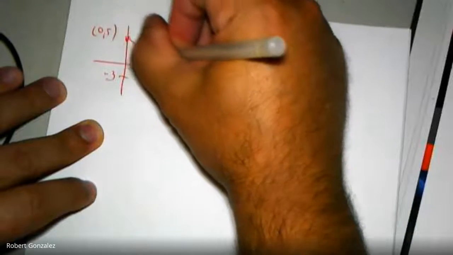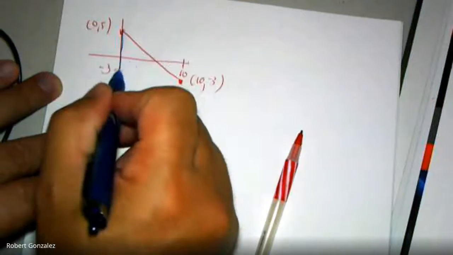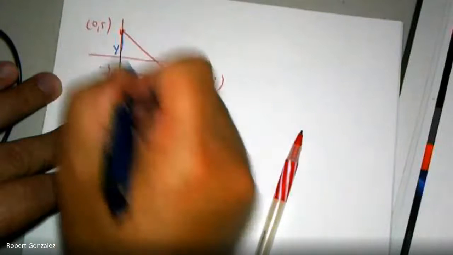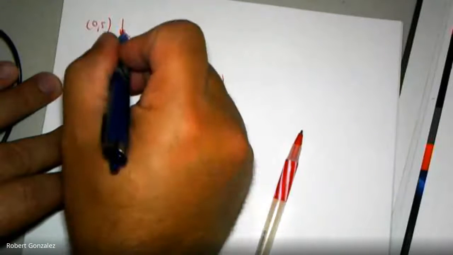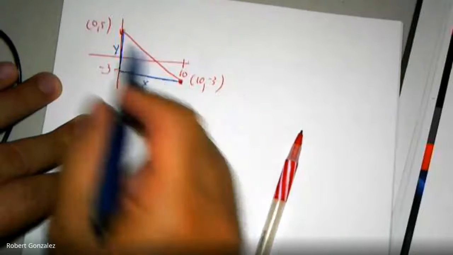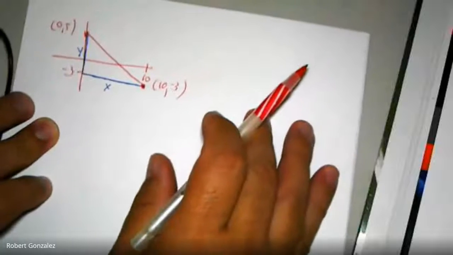Okay, if I want to find the distance, I draw a line right there, and I want to imagine the right triangle that it forms along the grid lines. If I can find y and x, and when I say y and x, I mean the blue portions of this triangle, I can use the Pythagorean theorem to find the hypotenuse, which is going to be my distance.